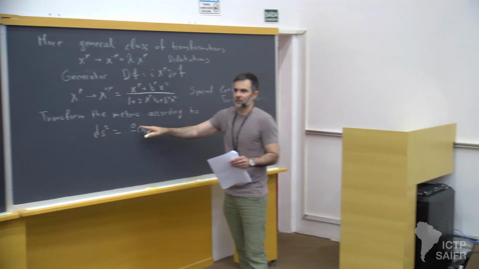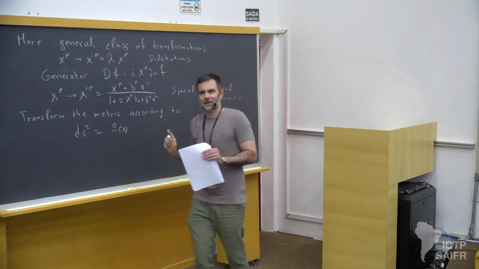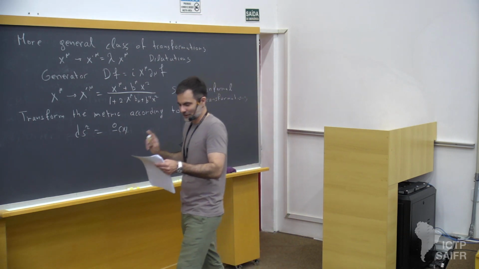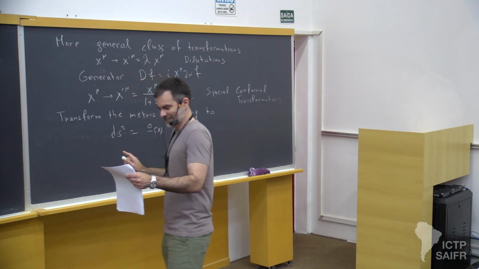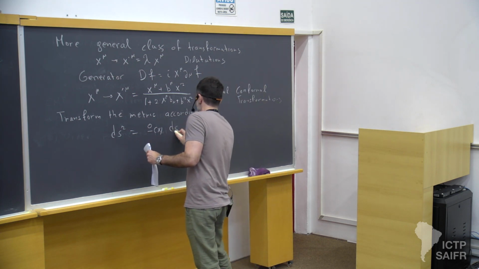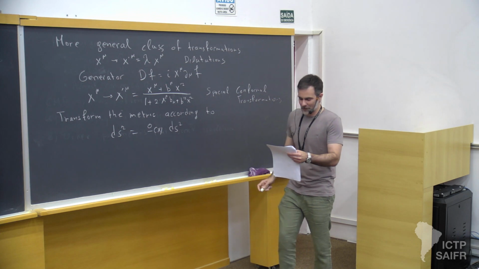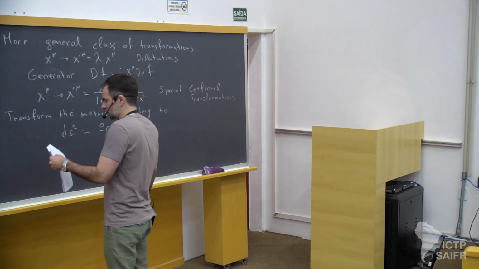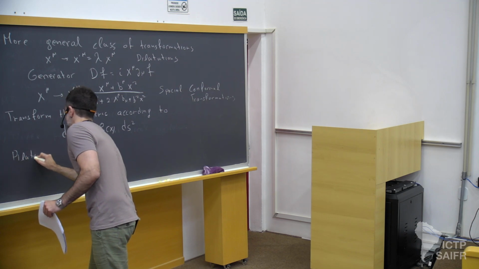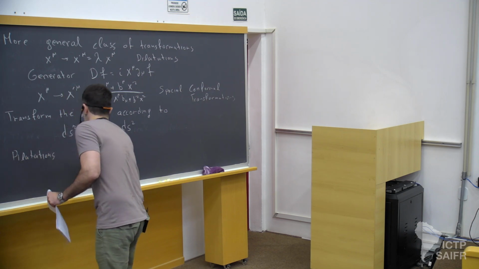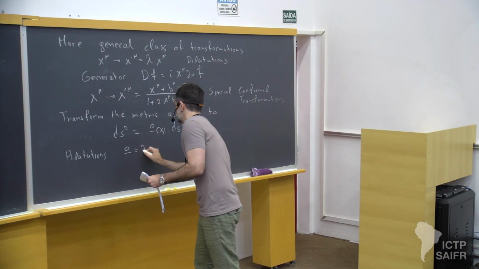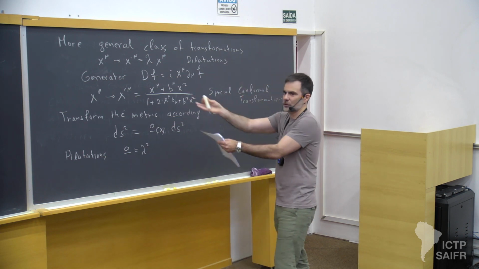This is my Ω. I know you are probably used to a different capital Omega, but that's my omega. That's how my mother showed it to me. So there will be some function which will multiply your old metric. For dilatations, this Ω is just λ². You can check this by just doing the transformation.